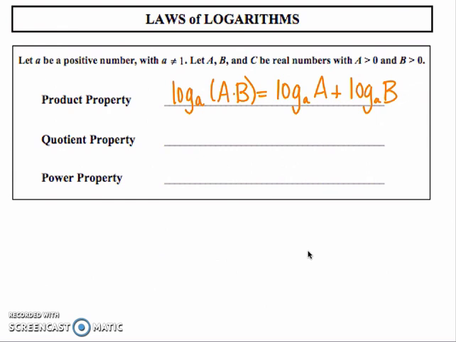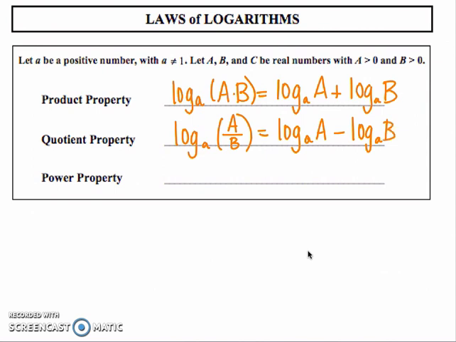The quotient property is very similar to the product property. If you have log base a of A over B, quotient inside of a log expands to subtraction of logs. So this will be log base a of A minus log base a of B.